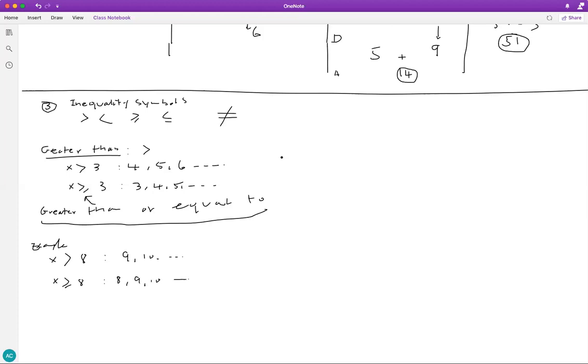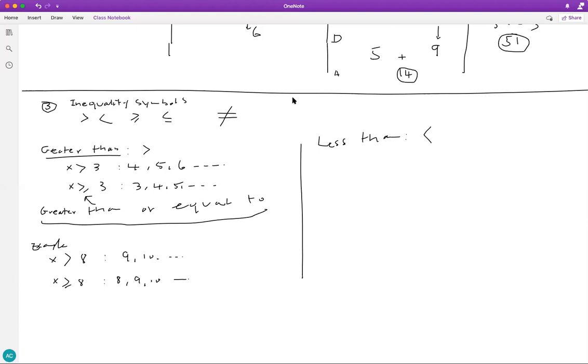Same idea applies to less than. So greater than faces that way, less than faces the other way. Less than, and the symbol is like this.